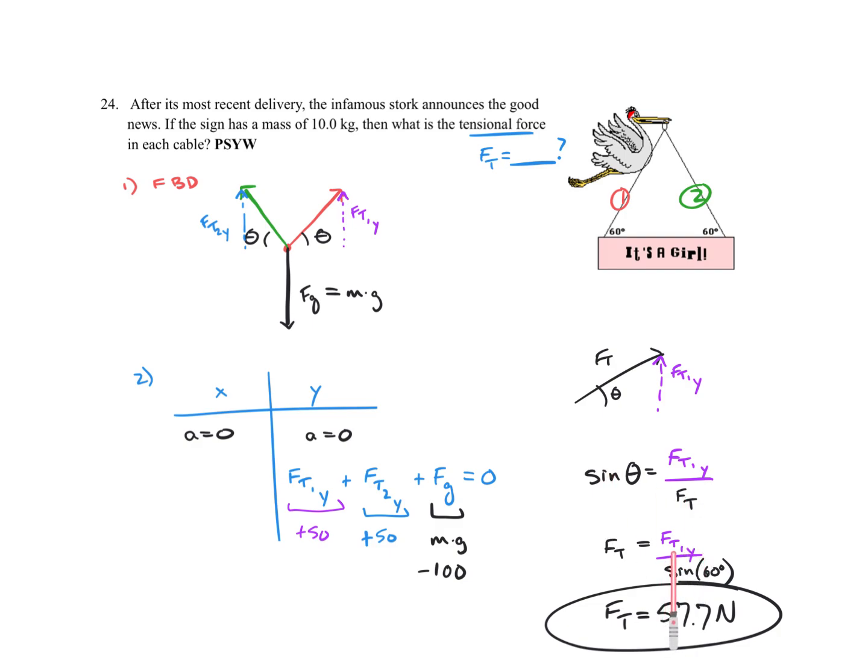In this case, you take Ft1y, which we said was 50. So 50 newtons divided by the sine of 60 degrees. I think that's like 0.866 or something like that. And if you do this math on a calculator, you get this number as the force of tension. And there are two of them. So this one is pulled with 58 newtons that way, and this one is pulled with 58 newtons that way.